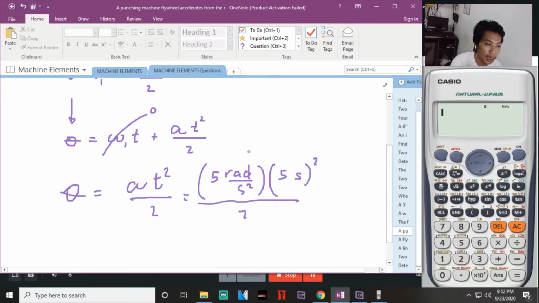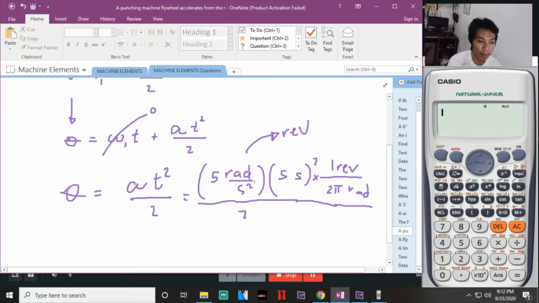Kaya lang, ang kailangan natin is in revolutions. So, i-multiply natin ang conversion of unit, that is, 1 revolution is equal to 2 pi radian, per 2 pi radian. So, we can achieve na yung ating hinahanap na unit. Radian, second squared, cancel.